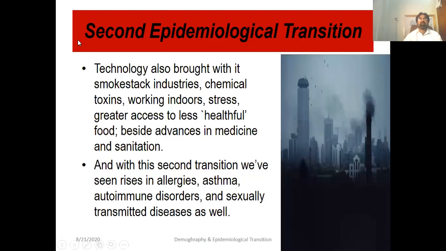Technology also brought smoke, industries, chemical toxins, working indoors, and stress.